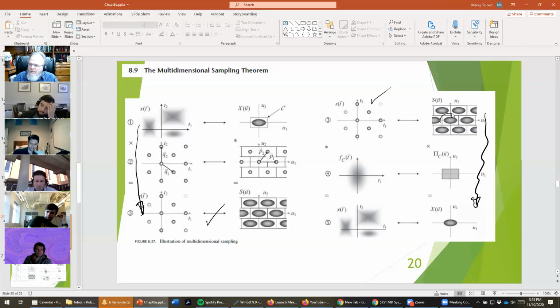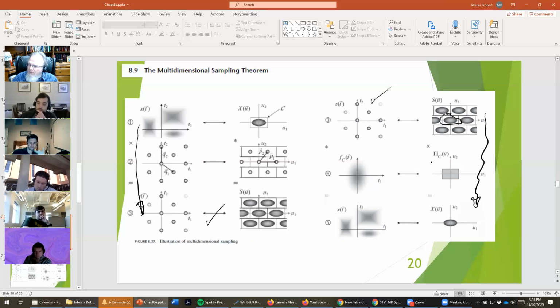We just want this one back, right? Because that's the spectrum of the original signal. So we multiply this by the rectangle, and then we obtain the spectrum of the original signal back. That's very intuitive. And it's exactly what happens in one dimension. We've just extended it to two dimensions.